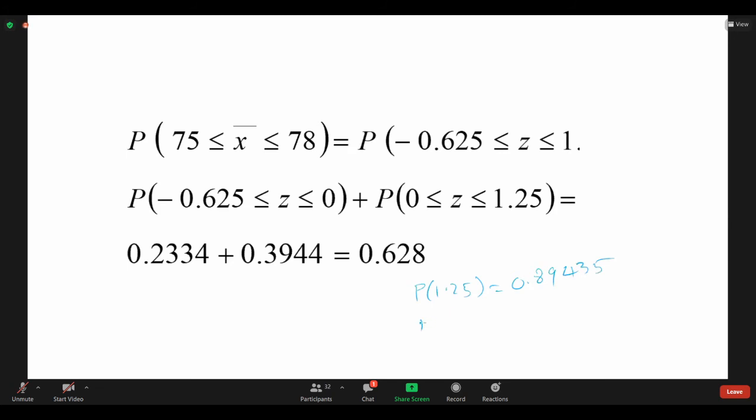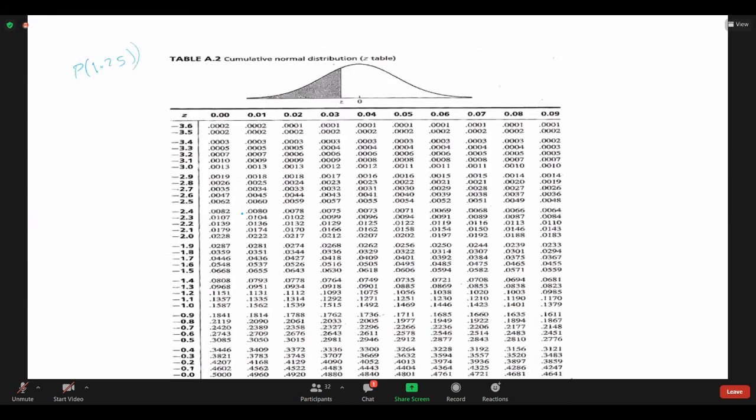Next we have to find the probability of minus 0.625. All of you see here, minus 0.6 is somewhere here, and the next digit is 2.